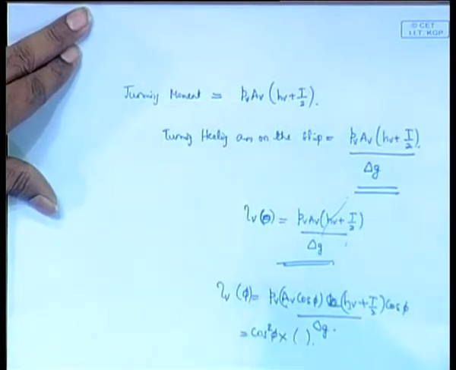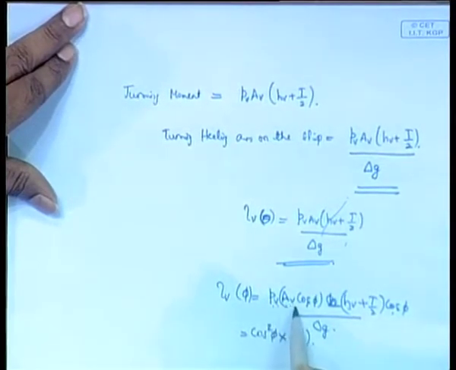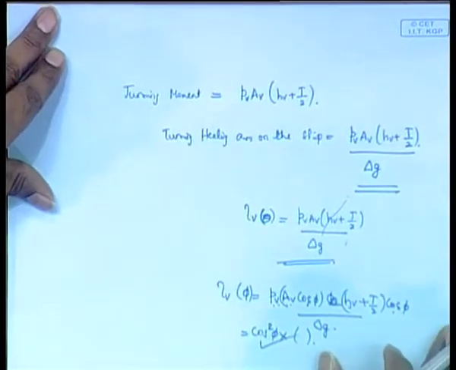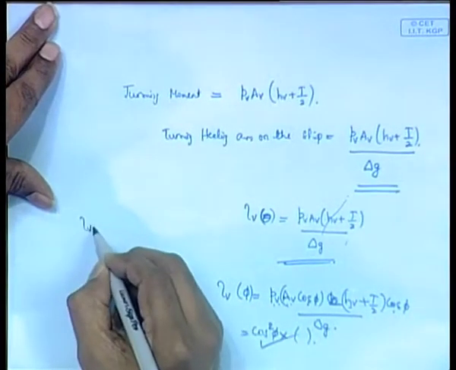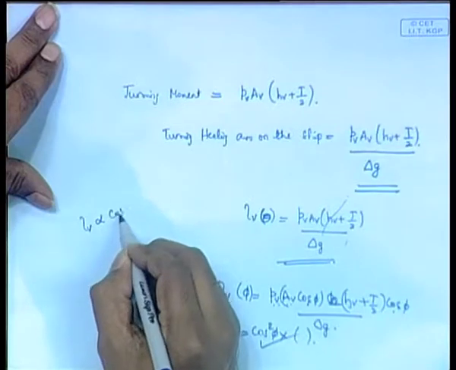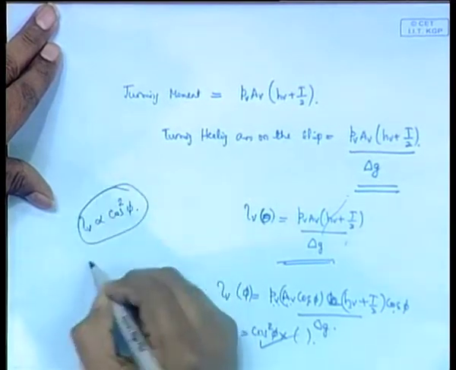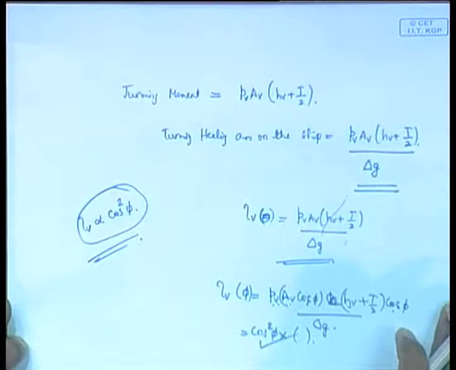You can see one cos phi from here and one cos phi from here. So, it is proportional to cos square phi into these values PV, AV, HV plus T by 2 by delta G. Okay. So, this you have to remember, that is LV becomes proportional to cos square phi. This is one point here.